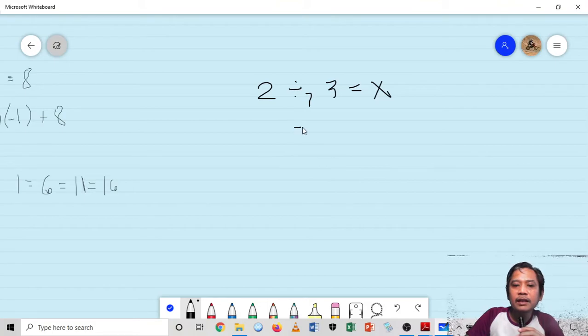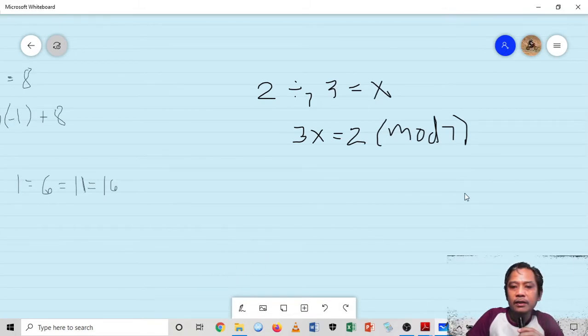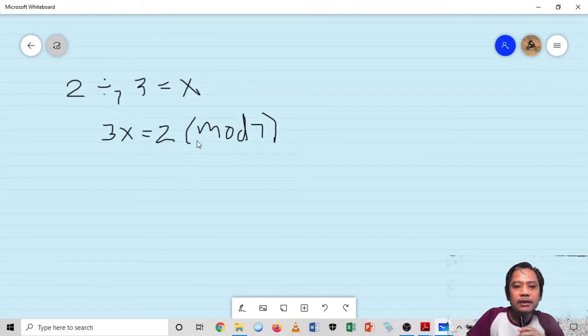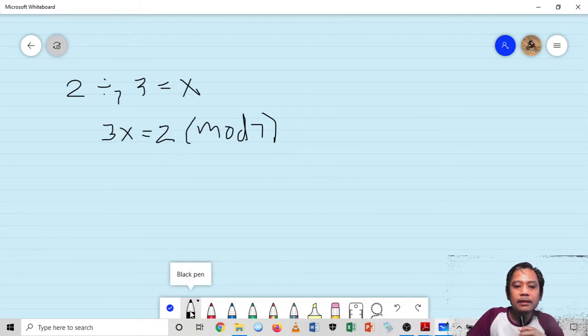That would mean 3x should be equal to 2 in modulo 7, which means we have to find the number multiplied to 3 so that the remainder is 2 when you divide it by 7.